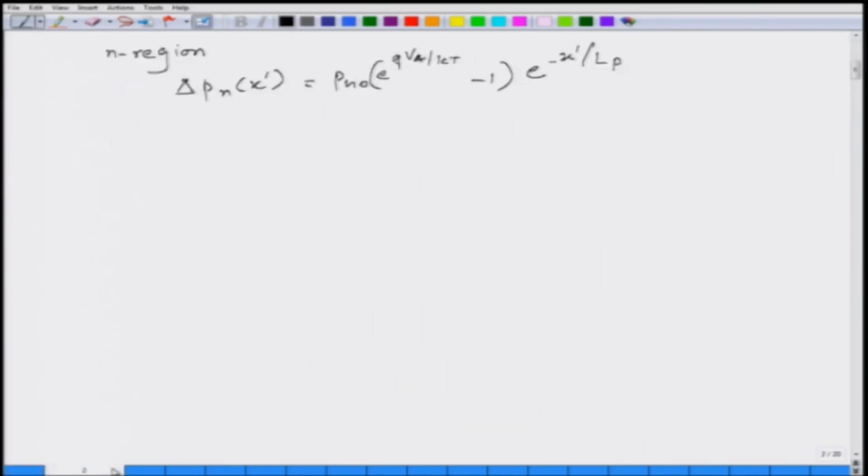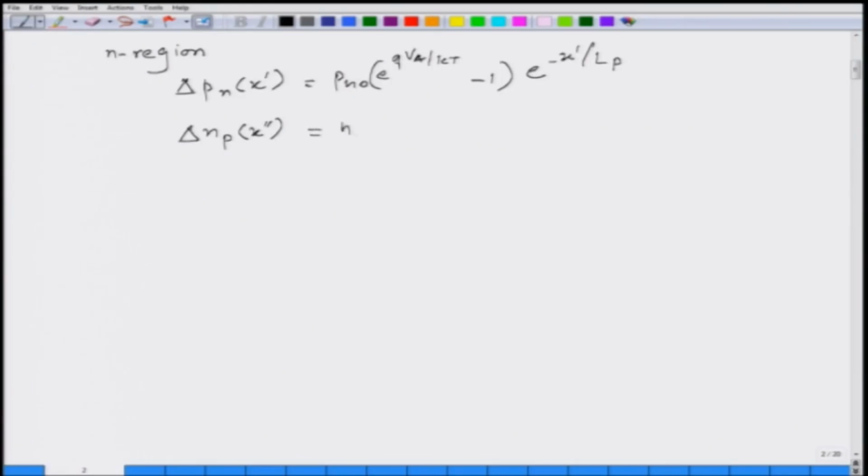Similarly, without doing it again, I can show what the electron concentration is going to be. Delta n of p, in again maybe x double prime, where I would shift it to minus x p.